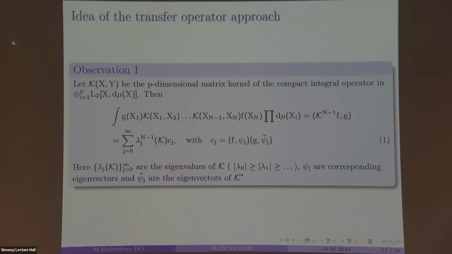And so if you know the spectrum of this operator, then you know what the sum looks like. If you know the behavior of the eigenvalues, then you know all about it. You need not study this sum, you just need to know the eigenvalues of this operator.